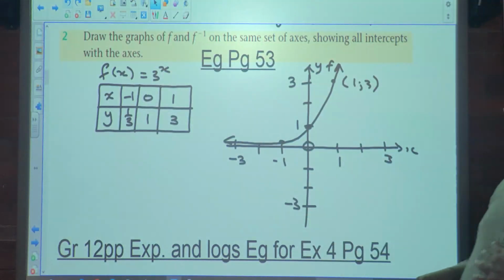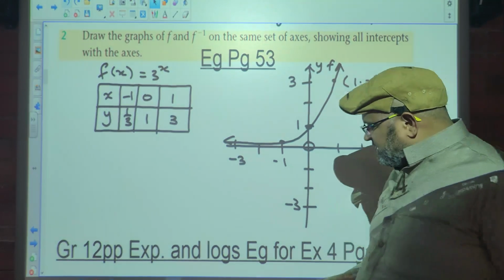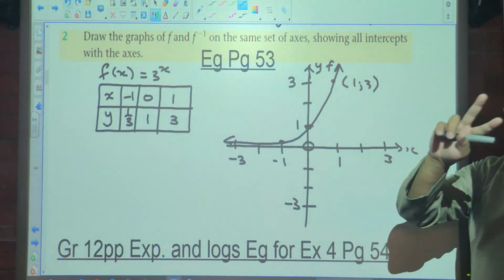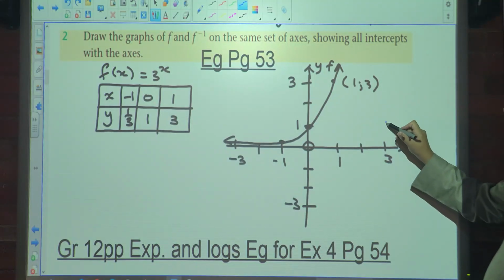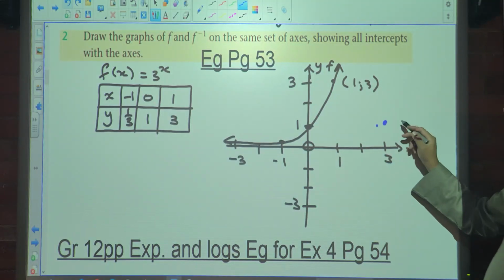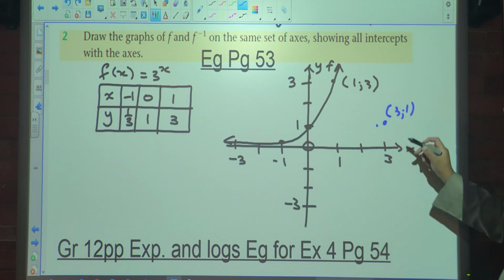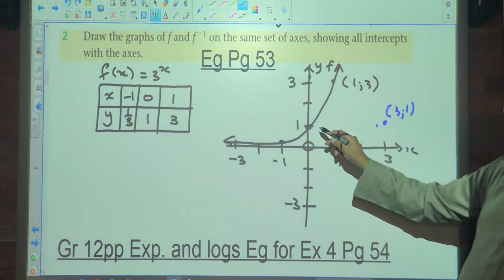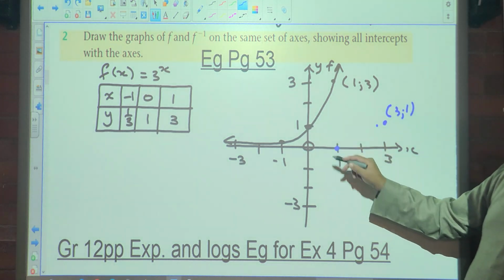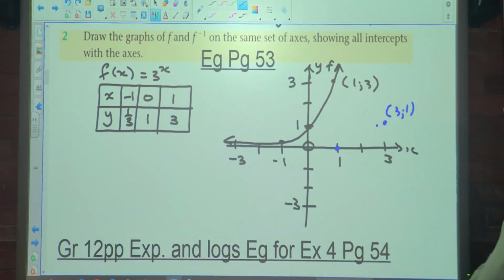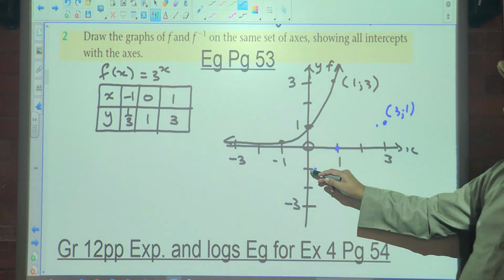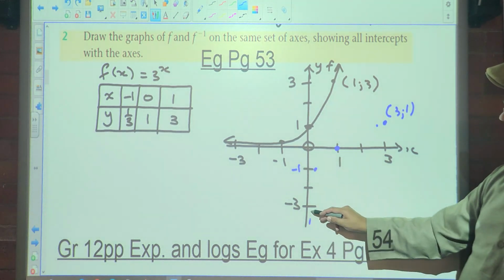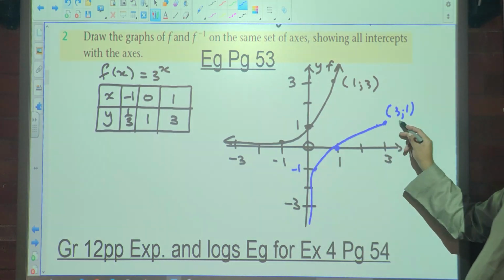What do we do for the inverse function? We interchange x and y. So 1 and 3 becomes 3 and 1. So as you can see, it's in line with that. And then 0 and 1 becomes 1 and 0. Negative 1 and a third becomes a third and negative 1. Graph comes close but does not touch.